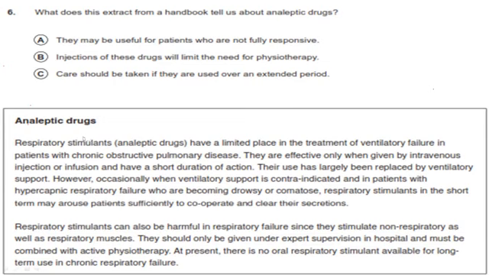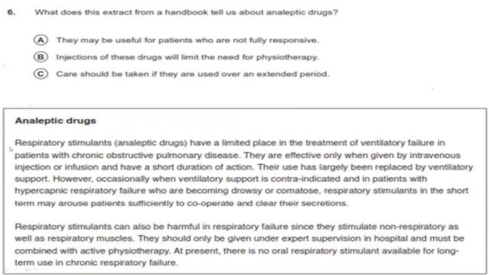If you ask me about the sentence or the paragraph, read it again briefly. Regarding the care, is it mentioned or not? Care should be taken if they are used over an extended period. Starting from here: treatment of ventilatory failure in patients with chronic obstructive pulmonary disease.